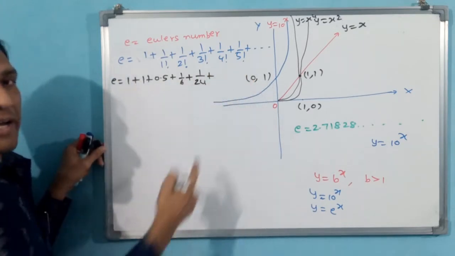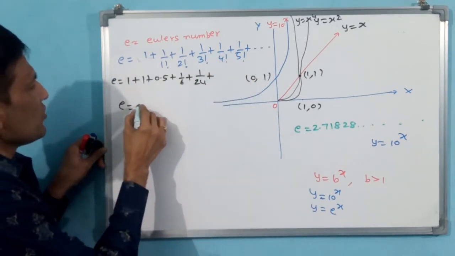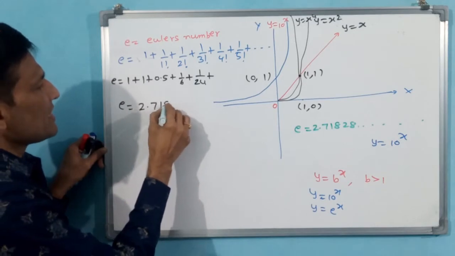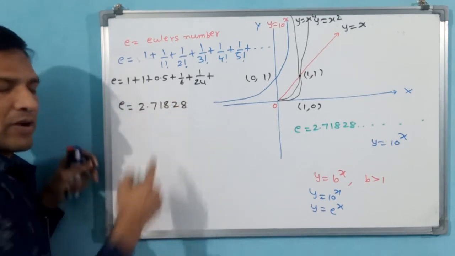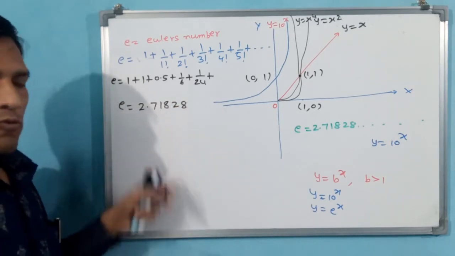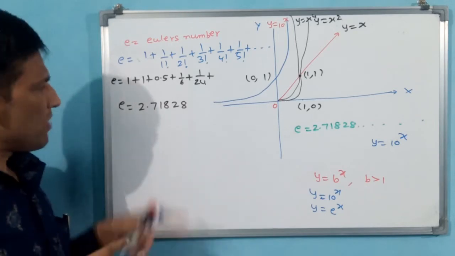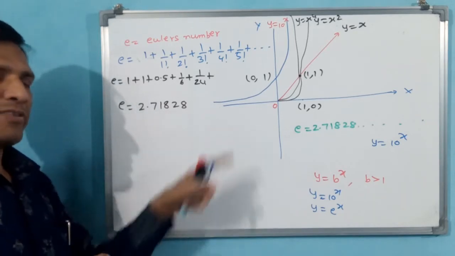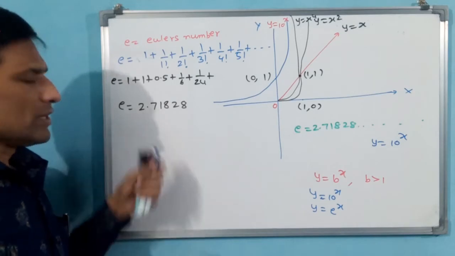Like this, if you go on adding, this number is going to come: 2.71828. We will take up to 5 digits. 2.71828. Like that we will understand Euler's number.